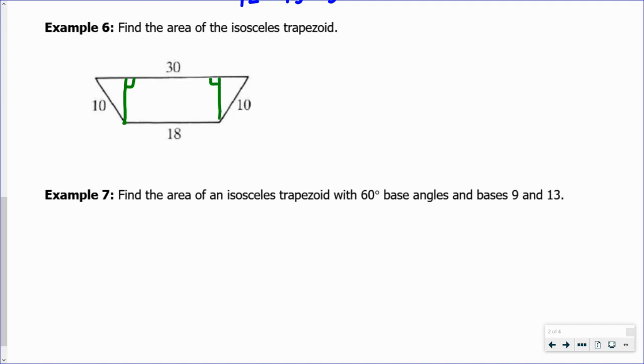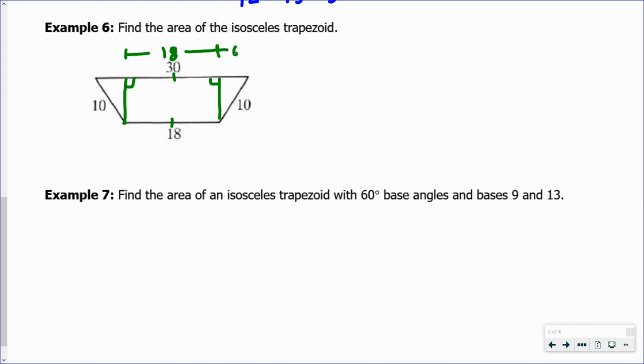So if I drop in those altitudes the way that I did, what ends up happening is I make a rectangle and 2 triangles. So this dimension has to be 18 because these 2 pieces would be congruent. And what that leaves us with, 30 minus 18 is 12.